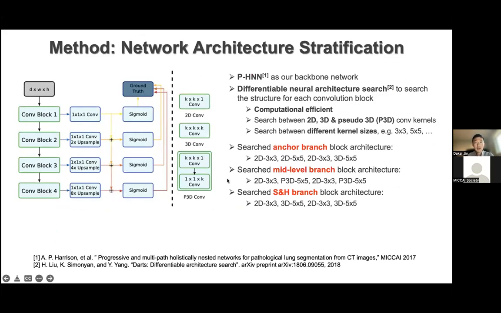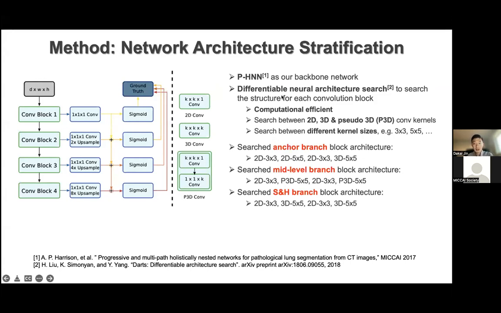The next stratification is along the network architecture. Because of the different characteristics of these three organ groups, intuitively we would think different network architectures will be optimal for different categories.